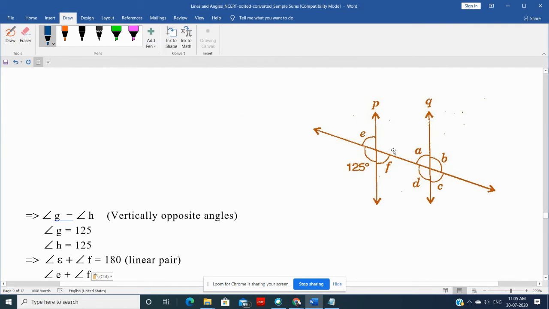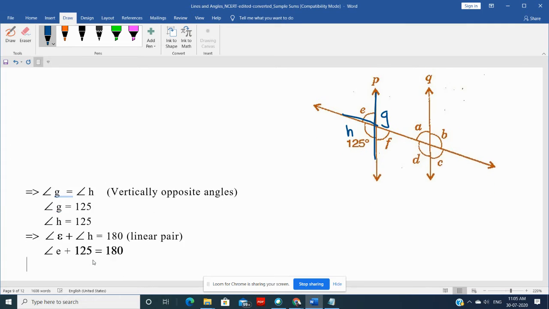So A, B, C, D, E, F, G, H. So it would become your G and this would become your H. So angle H and E is your linear pair. So we are taking E and H. Sorry, here it would be H and here it would be H. E we don't know, but instead of H we can write 125. That would give me 180.